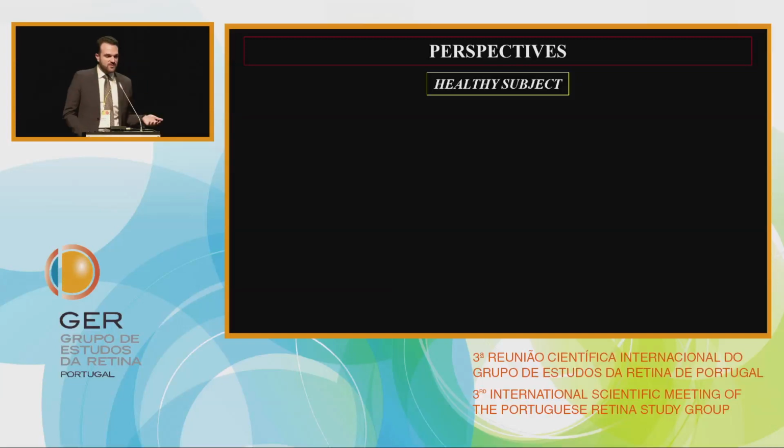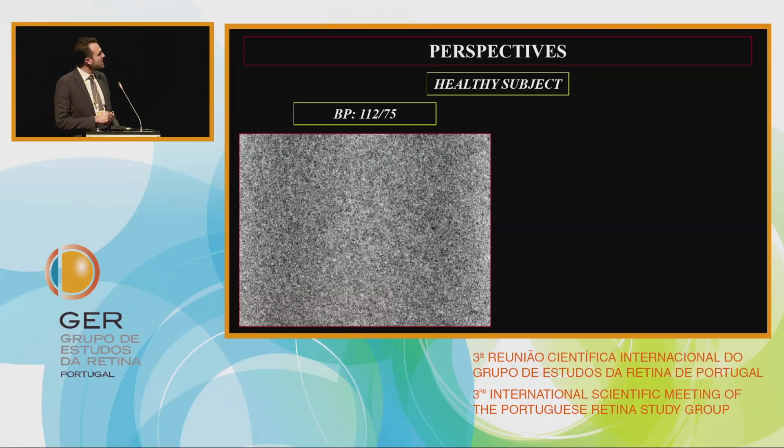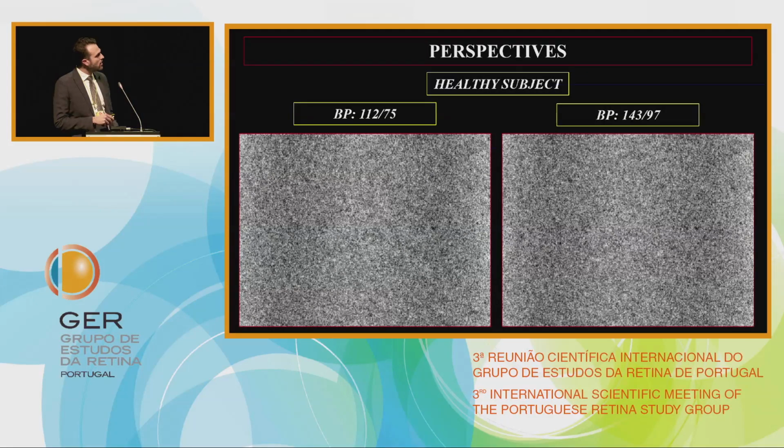Which are the perspectives in terms of retinal imaging and in terms of understanding the origin and the pathophysiology of diabetic choroidopathy? So this is the choriocapillaris of a healthy subject. In this case, the blood pressure is about 110/75. When we artificially increase the blood pressure of this subject toward a level of almost 143/100, we have very similar images.